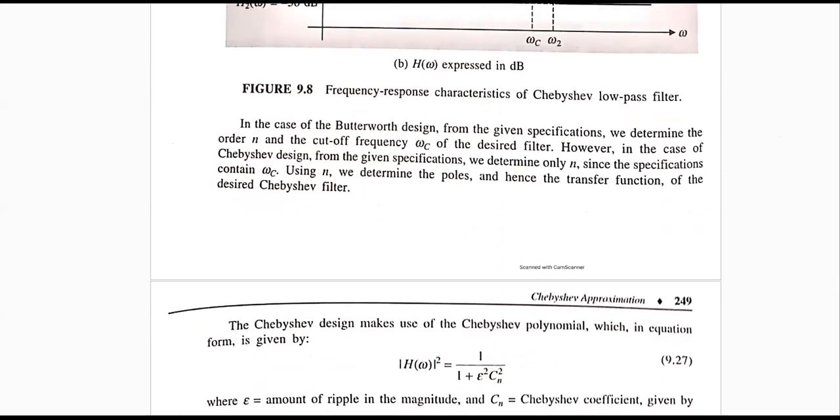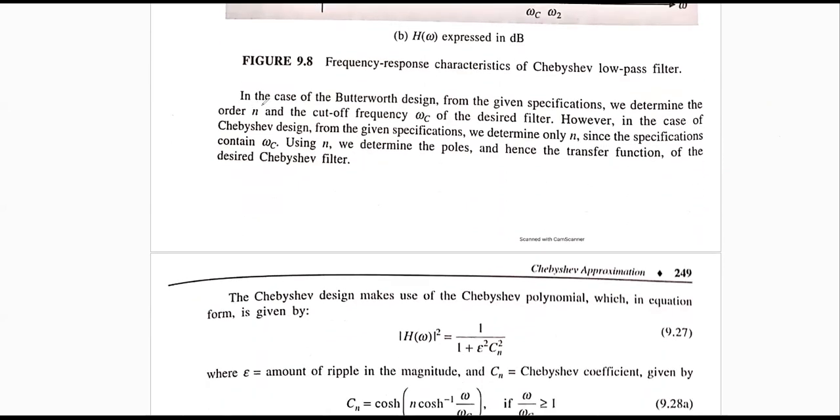Another advantage of the Chebyshev filter is that in the case of Butterworth design, from the given specification, we determine the order and the cutoff frequency of the desired filter. However, in the case of Chebyshev design, from the given specification, we determine only n, since the specification contains omega c.